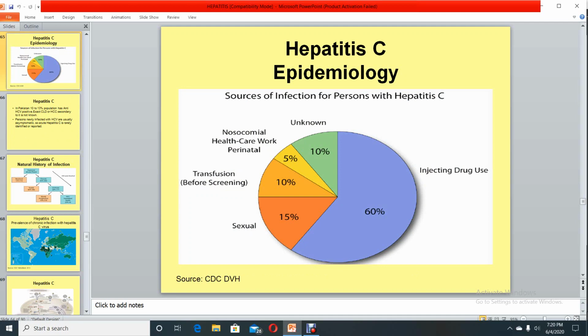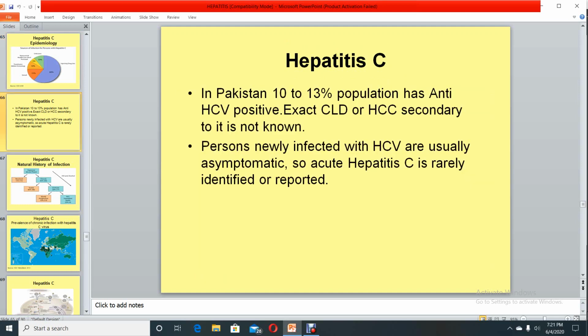So the epidemiology is written in this slide. Via injection drug use is 60%. Unknown is 10%. Nosocomial healthcare worker perinatal 5%. Transfusion before screening 10%. स्क्रीनिंग के साथ भी होता है, स्क्रीन करने के बावजूद हो जाता है। या तो आपकी किट ख़राब है, एक्सपायर्ड है, या आपको स्क्रीन करना नहीं आता। एंड सेक्सुअली ट्रांसमिटेड डिजीज इट इज़ 15%.